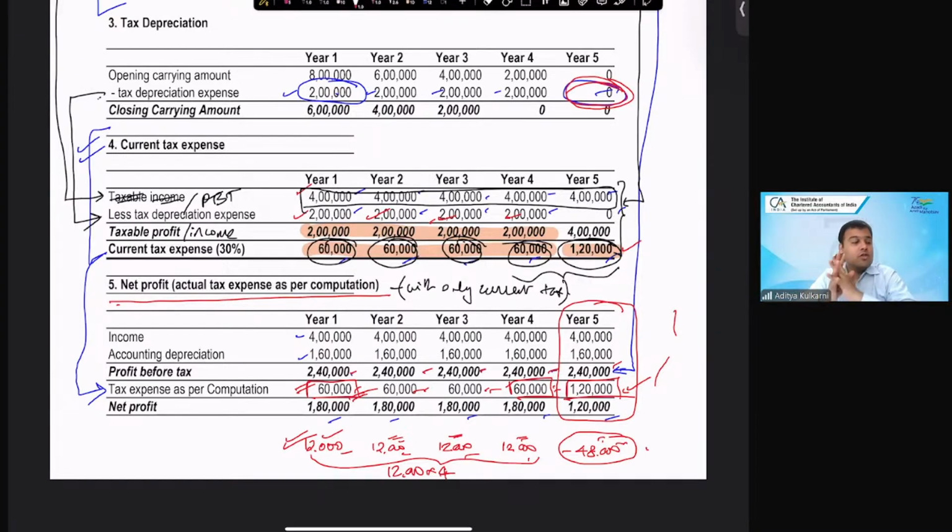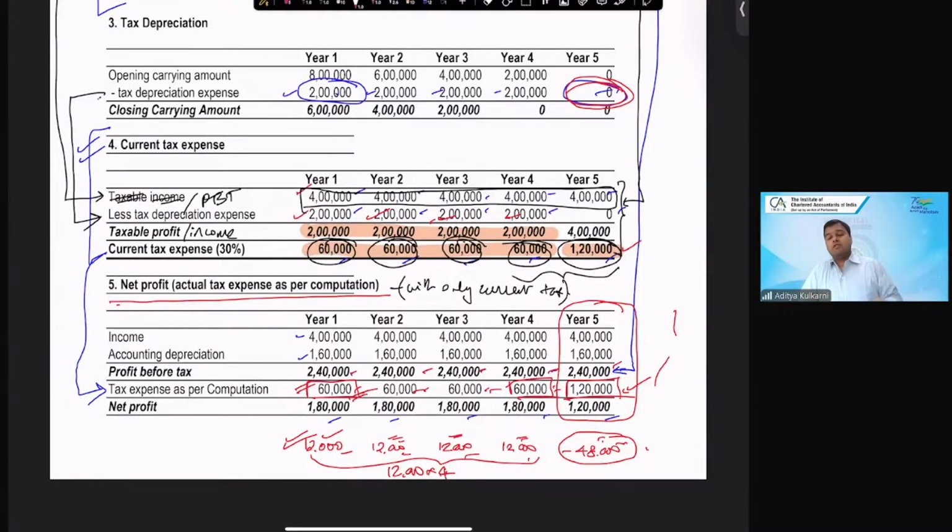So therefore, can I say that postponement, another word is deferring? Yes, sir. And deferring what? I am deferring the tax. I am postponing the tax liability.